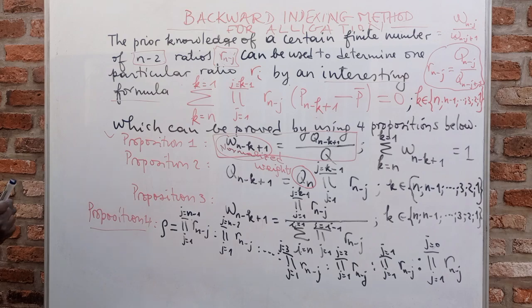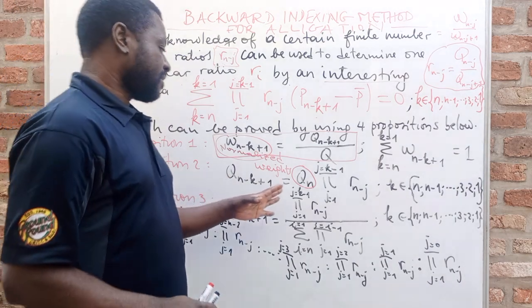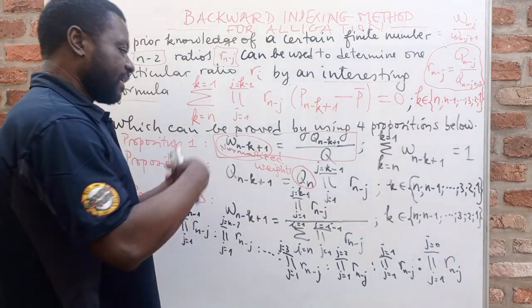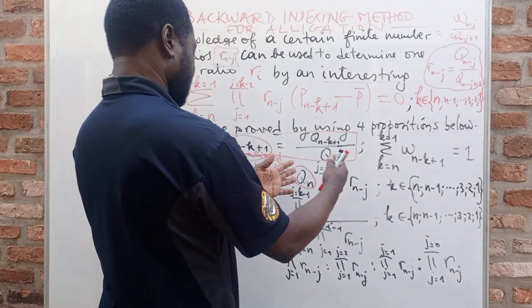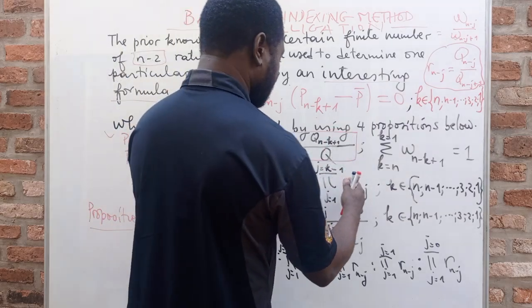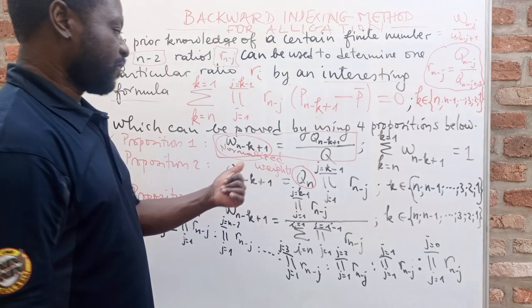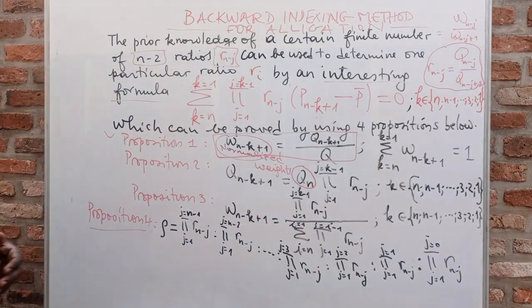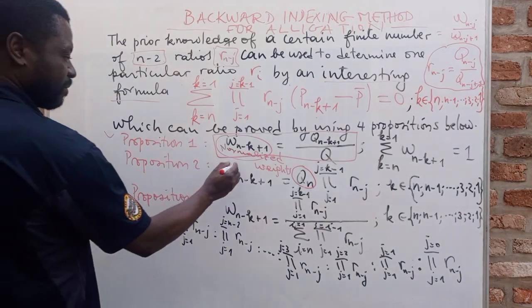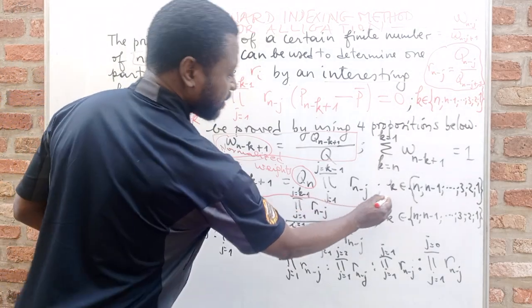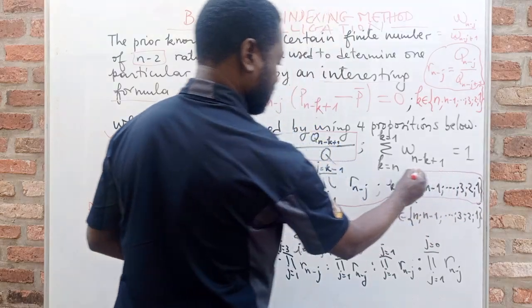Proposition number 2 tells us that if we know the last quantity, Qn, we can express other quantities in terms of the product of ratios of those quantities. Okay, that is proposition number 2.